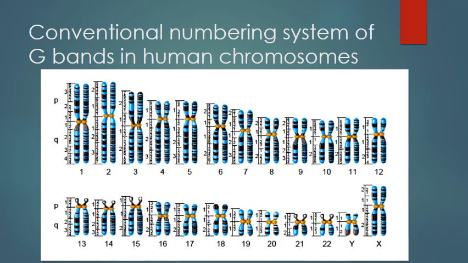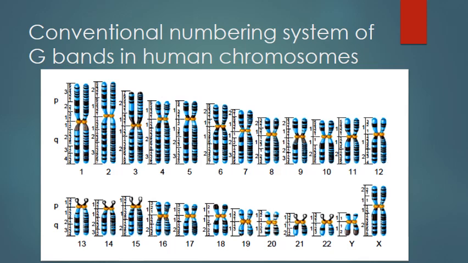Why is this banding pattern of eukaryotic chromosomes useful? First, individual chromosomes can be distinguished from each other even if they are similar in size and centromeric location. Second, chromosomal rearrangements or changes in the total amount of genetic material are most likely to be detected in banded chromosomes.